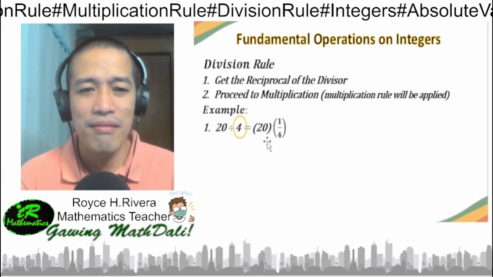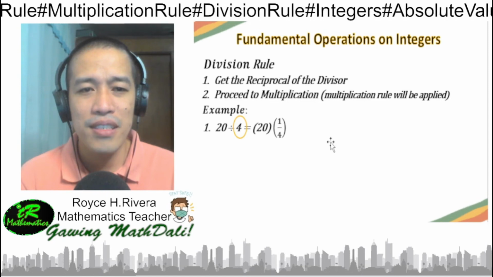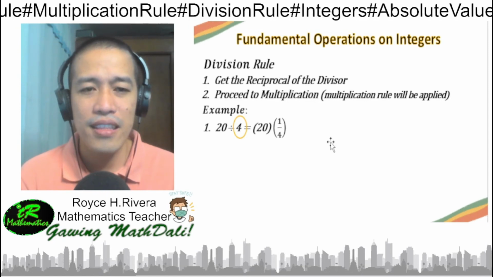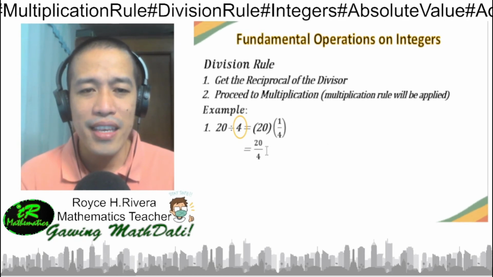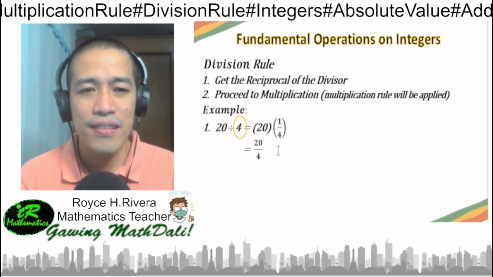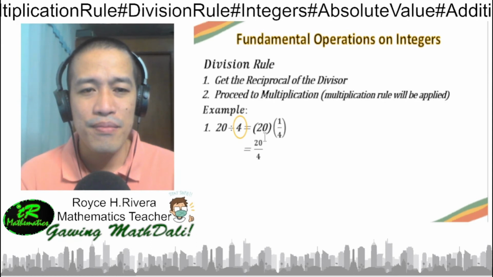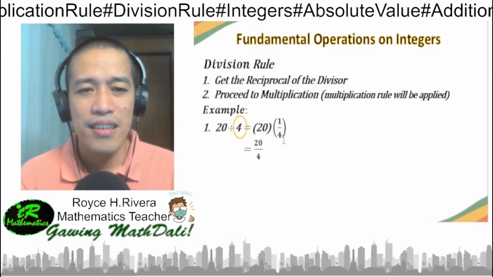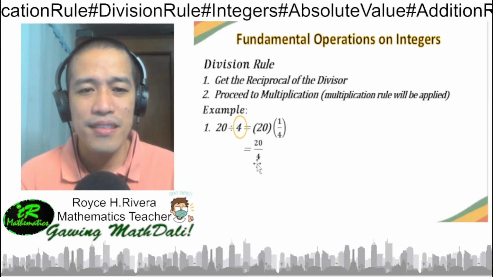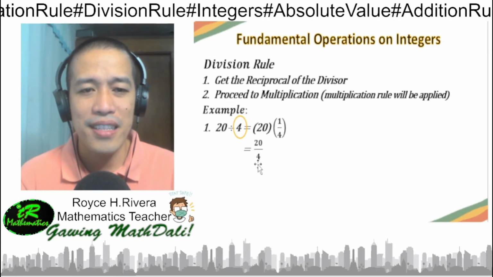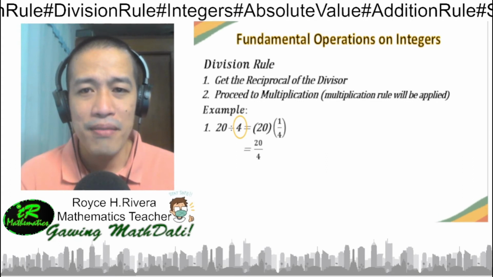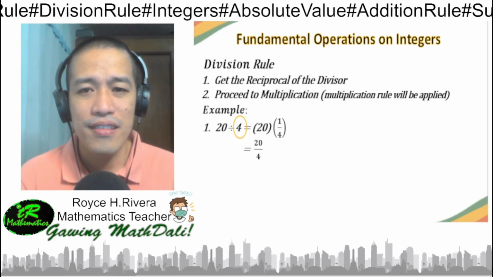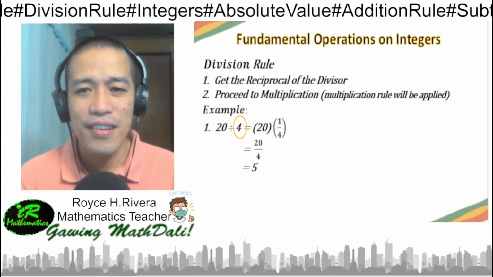So we now have 20 times 1/4, and that is equal to 20 over 4. Both numbers are positive, so the product is positive. We can still simplify 20 over 4. We have 5.